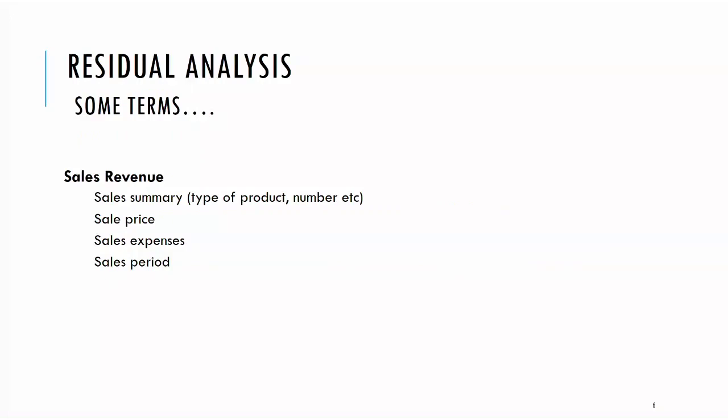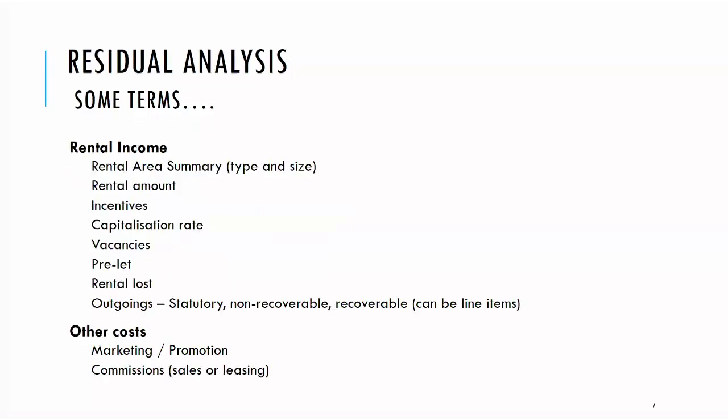When you talk about sales revenue, you need to think about sales summary, type of product, number of apartments or units, and sales price, market price, selling expenses, how long it will take to dispose of your total development, and everything. When you talk about rental income: rental area summary, again type and size, rental amount, incentives, very important, 6-month incentive or 1 year, probably too long.